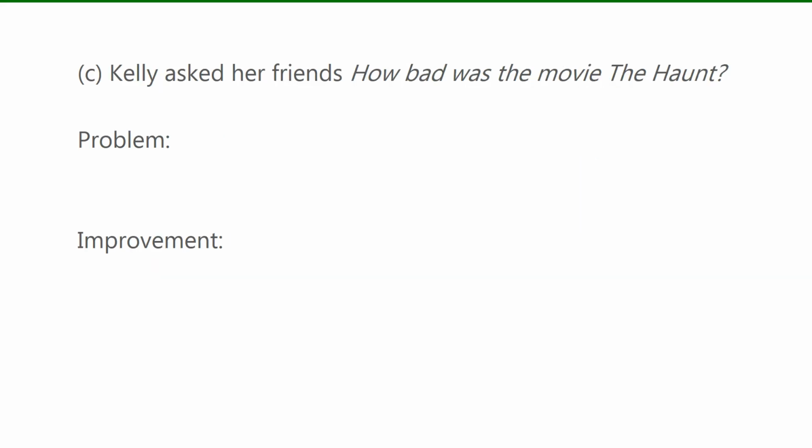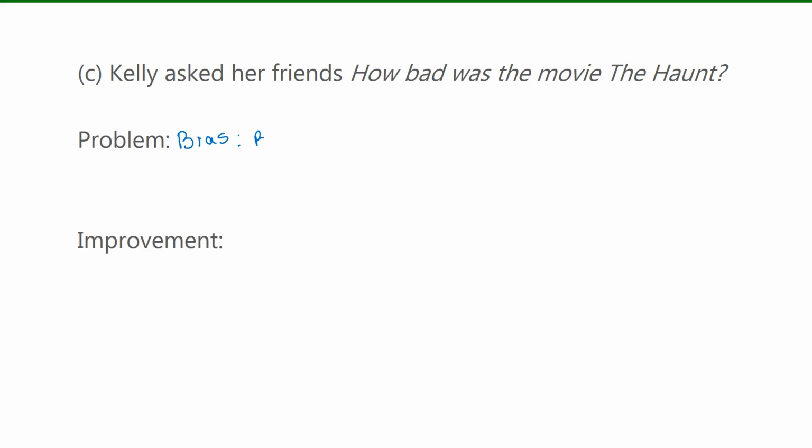For C, says Kelly asked her friends, how bad was the movie The Hunt? Well, when wording questions in a way that leads to a certain answer, we say that's showing bias. Here she's showing bias against the movie by calling it bad.